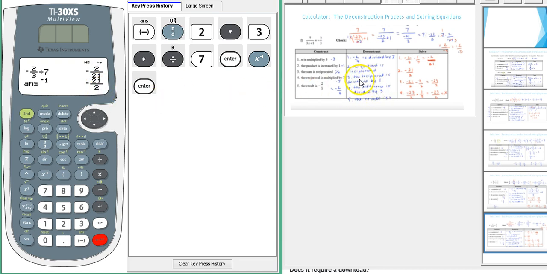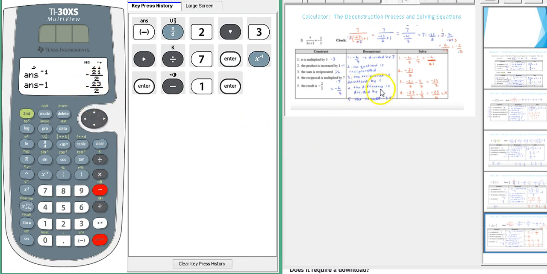Now the next thing we wanted to do is take the reciprocal we just found and decrease it by 1. So I'm not going to re-enter this. I want to decrease by 1, that's subtraction. And notice it says answer, so it always takes your previous answer, subtract 1, and I'll hit enter. So now we have -23 over 2.